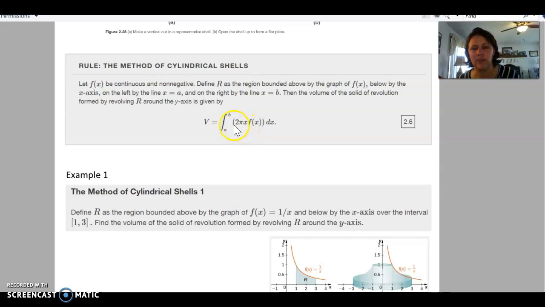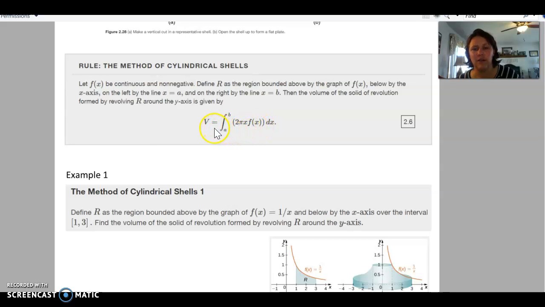Remember, where did that 2 pi x come from? That should look familiar. That 2 pi x is the circumference of the cylinder, or the shell that we are taking, that one little piece of the cylinder. That is just the length of a rectangle, or the circumference of our shell. And then f of x is the height.